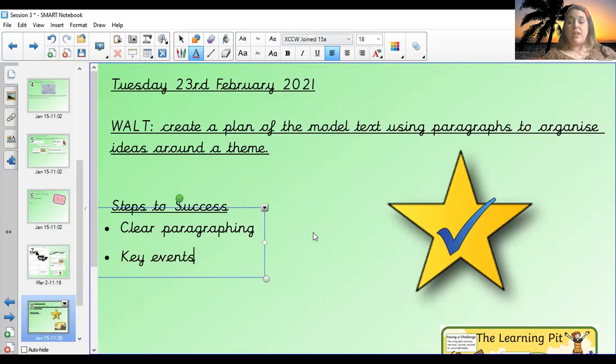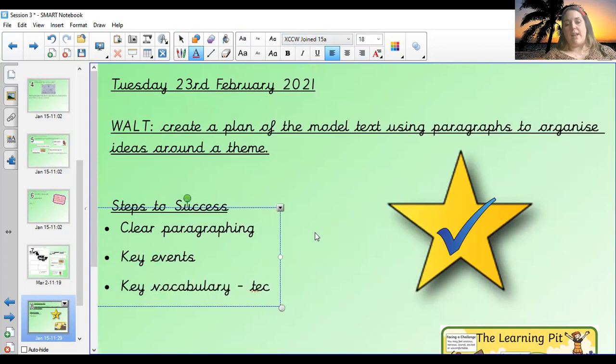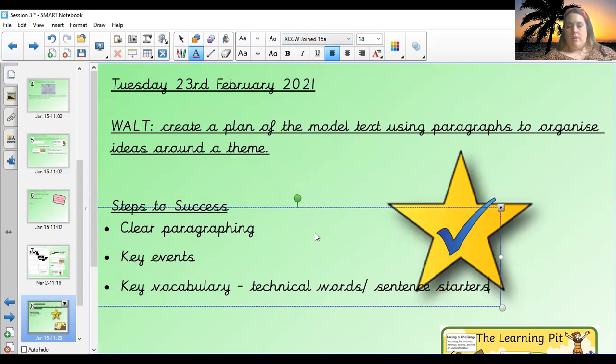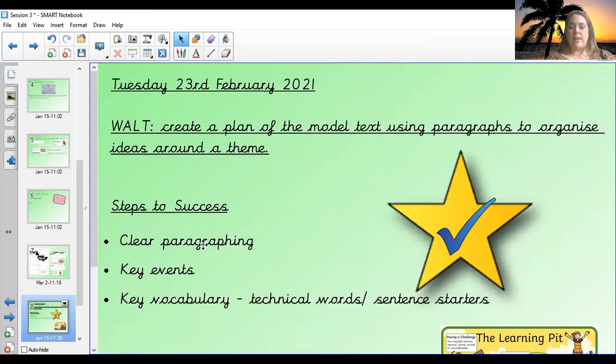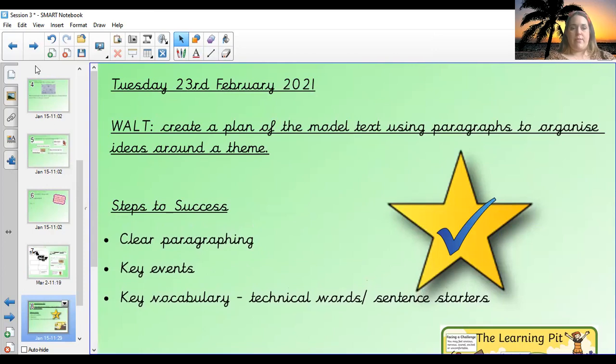So you're not drawing everything, you're just drawing the key events, and you need to choose some key vocabulary. So it might be technical words, it might be sentence starters. Okay, so clear paragraphing, key events, and key vocabulary. If you do those 3 things today, then you will have achieved your objective.